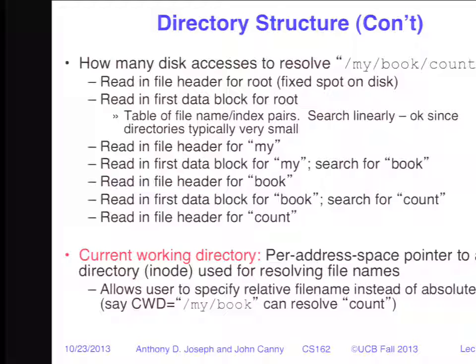But there's another issue that's going to happen here. It's on this slide. It's an assumption that we're making. Right here. We're making the assumption that directories are typically very small so we can search them linearly.